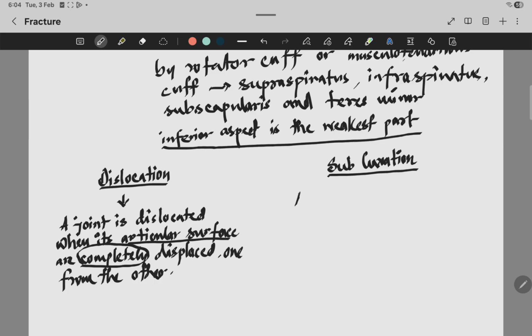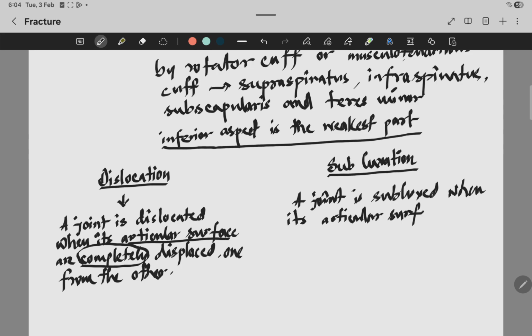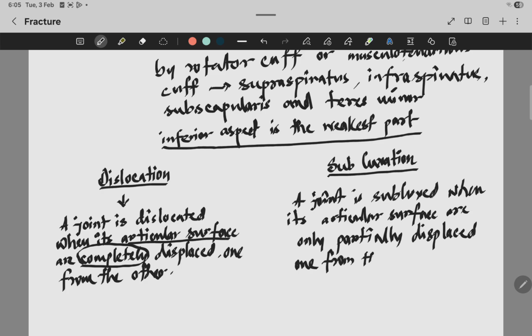And subluxation: a joint is subluxed when its articular surfaces are only partially displaced one from the other.